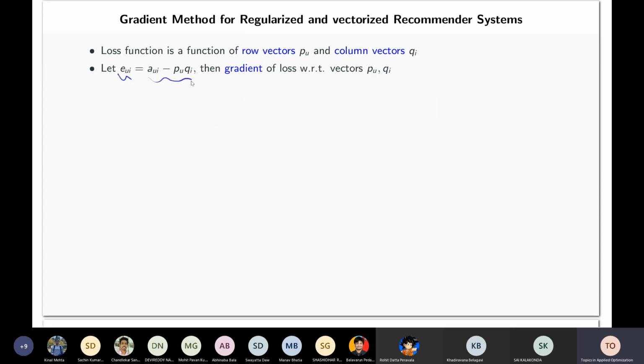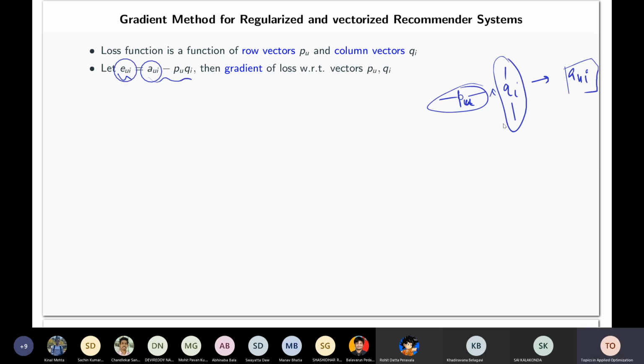So the error can be written like this, where A_ui is the entry from P_u and Q_i. So P_u is somewhere here, and Q_i is somewhere here, and this produces the A_ui entry of the ratings matrix, right? So I'm seeing the whole row and whole column as a variable. So it's possible for me to write the error in this form.